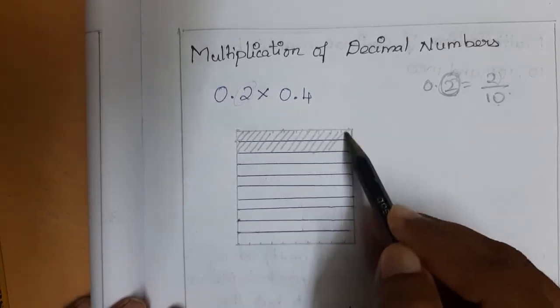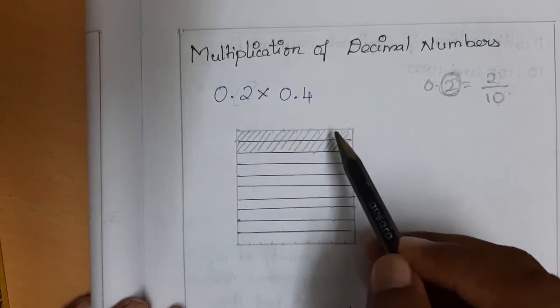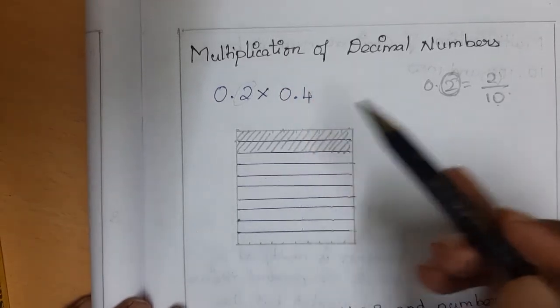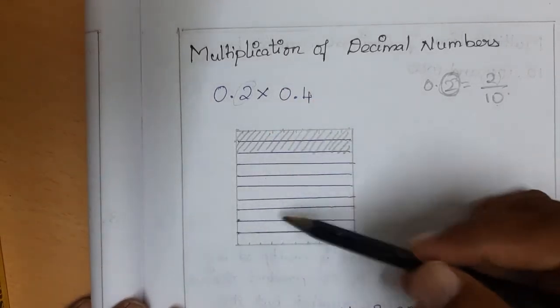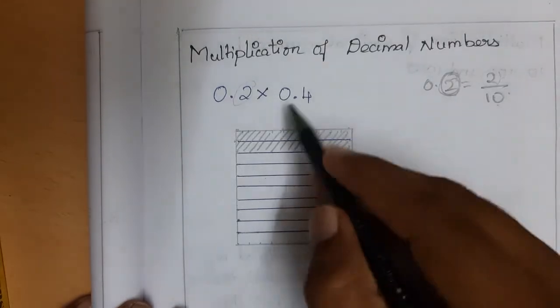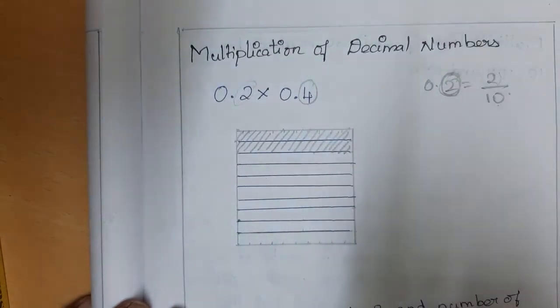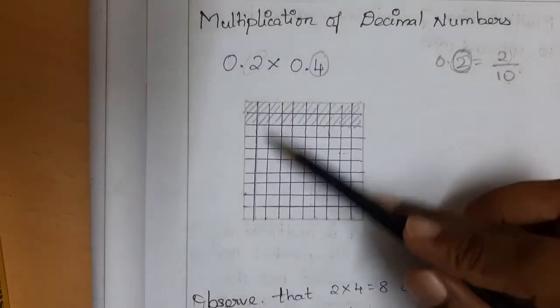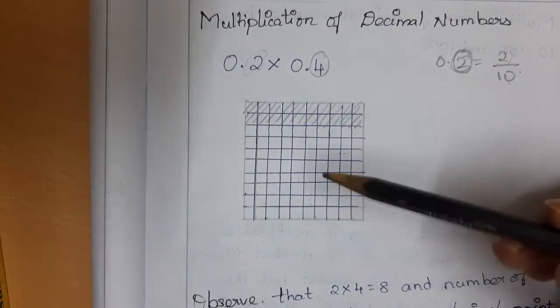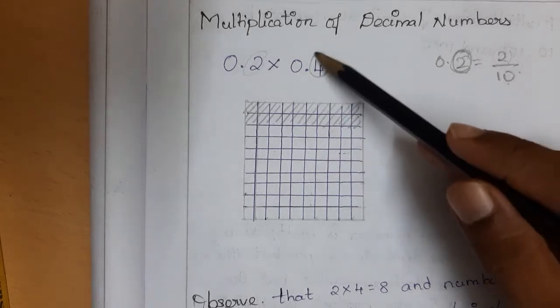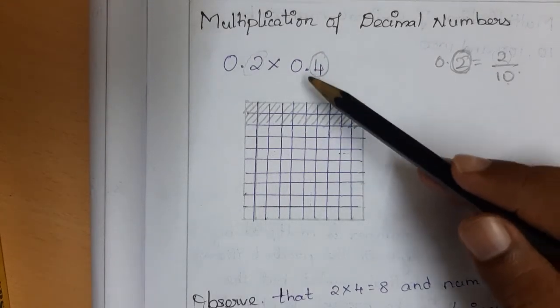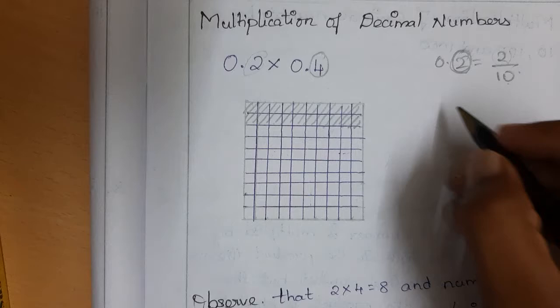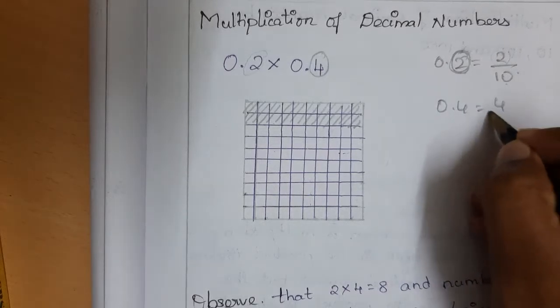right? Next, this thing we are going to multiply with 0.4. So again I'm going to split this into 10 parts, because 0.4 is also a tenth part. Now you can see the vertical lines. They represent the tenth parts of this 0.4. So we need 4 tenth parts. 0.4 is just 4 by 10.